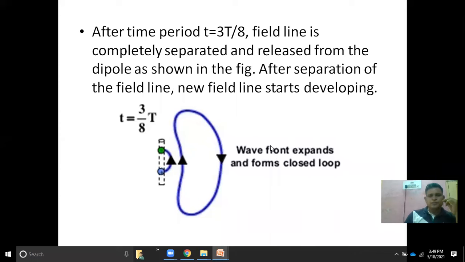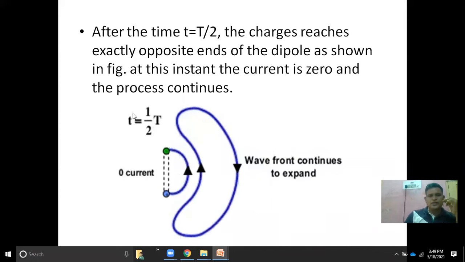After some time, at t is equal to T by 2, the positive charge is coming to this end and the negative charge is coming to this end. See, this wave front has already expanded and is moving away from the antenna.